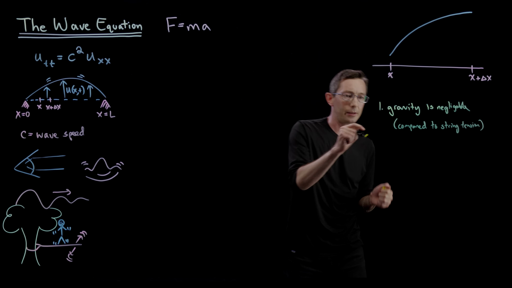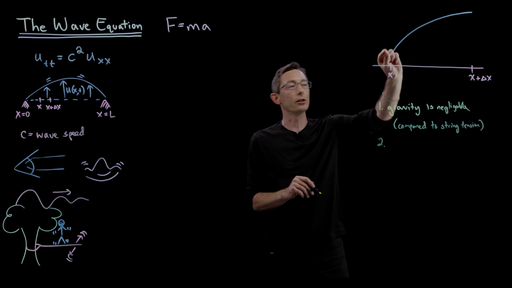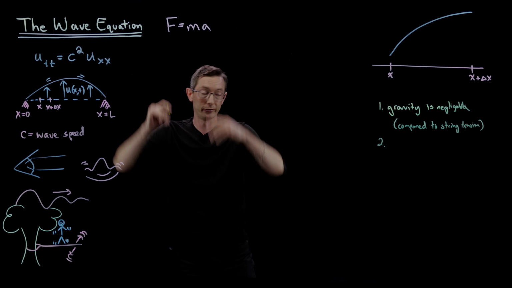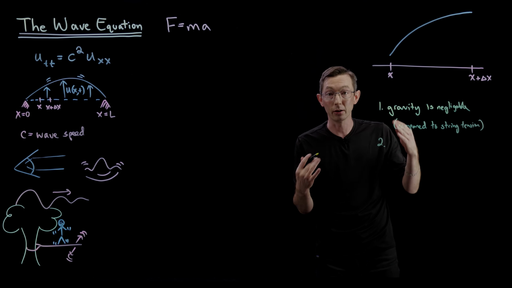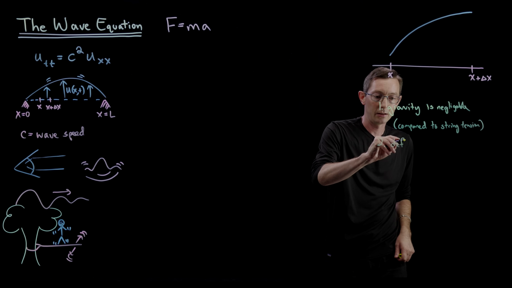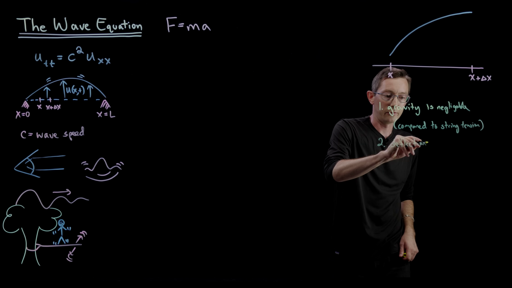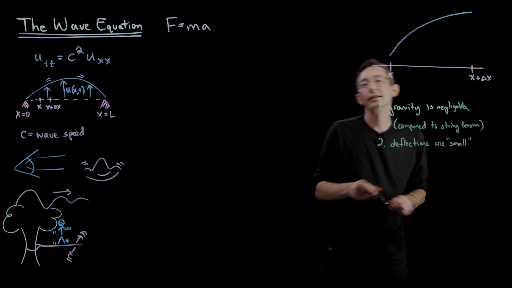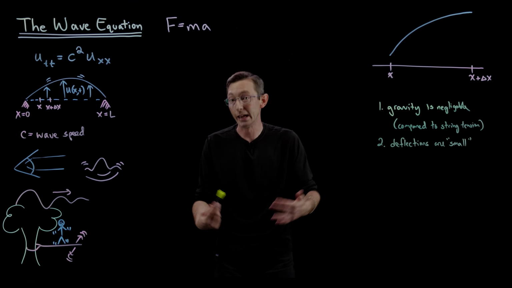What are some other assumptions? Some other assumptions we're going to make are that the deflections, even though I've drawn a really big, cartoonishly large deflection, we're going to assume that all of our deflections are small. Okay, so deflections are small. And this is going to allow us to make a small angle approximation.